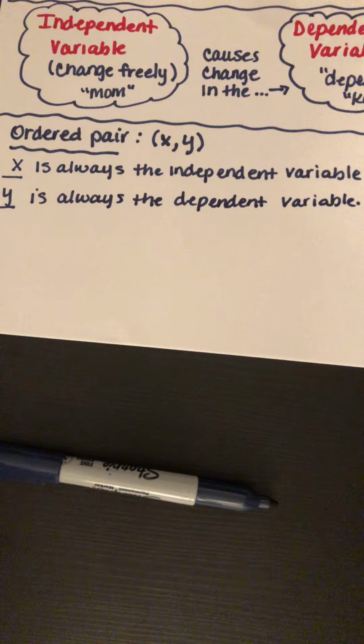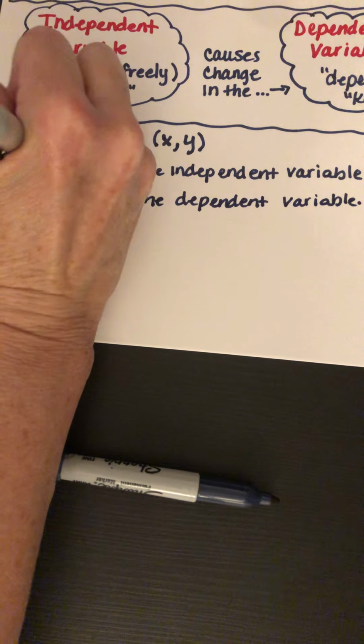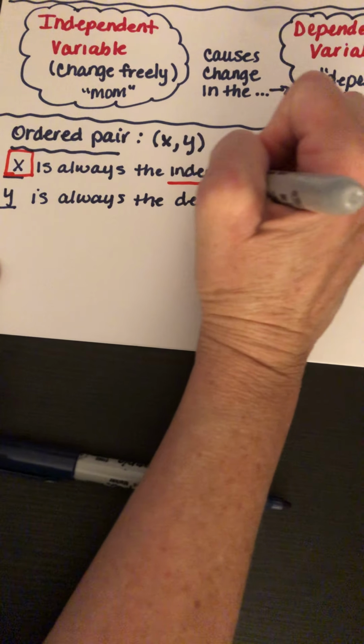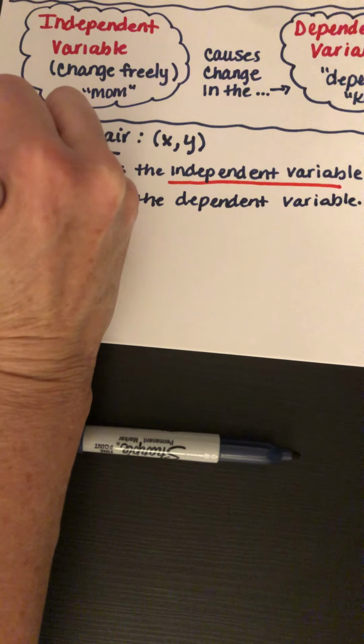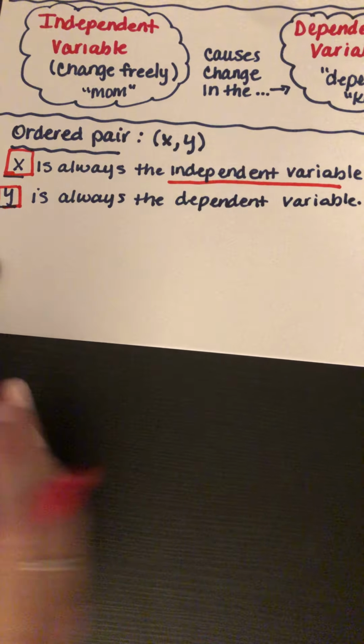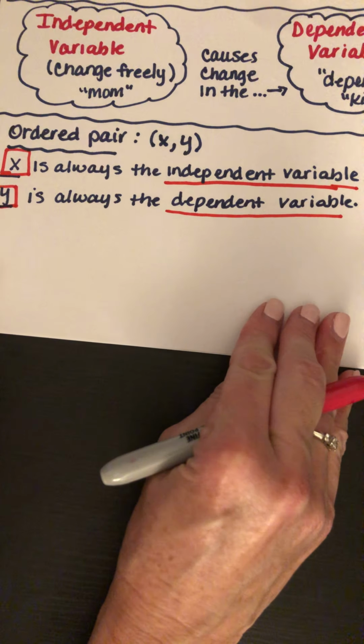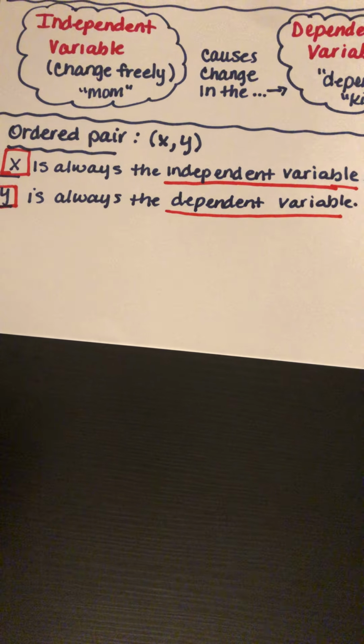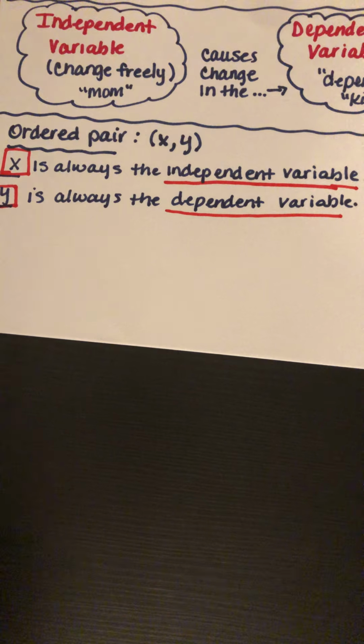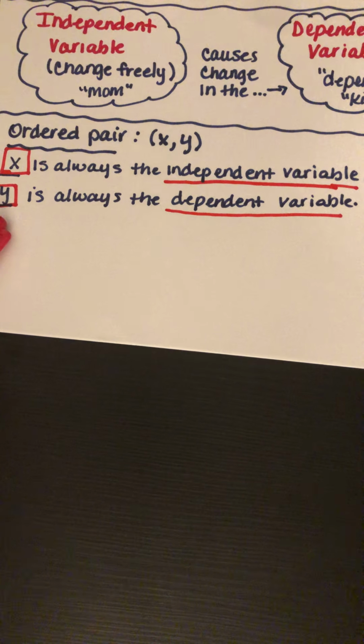So your x is your independent variable, and your y is your dependent variable. And that doesn't change. X is always independent, y is dependent. So if your x changes, then your y changes. Make sure you pause this to catch up if you need to.